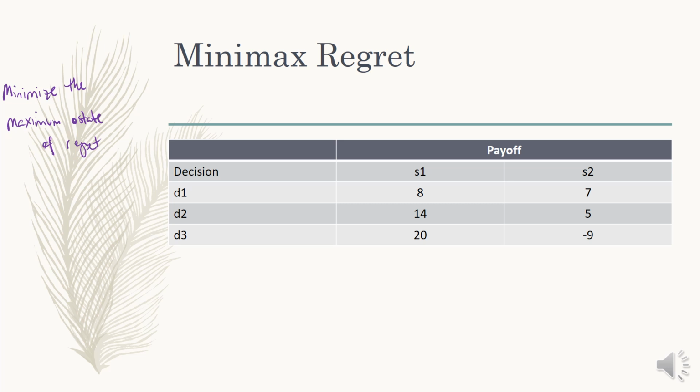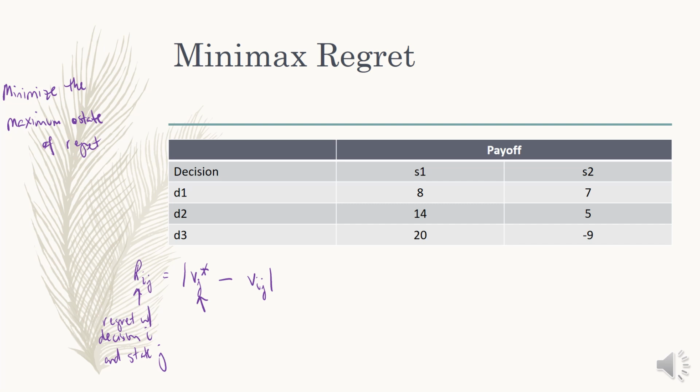The way that we're going to do that is we are going to use the formula R sub ij, this is going to be our regret, is the absolute value of V sub j star minus V sub ij. What these are: R sub ij is the regret with decision i and state j.